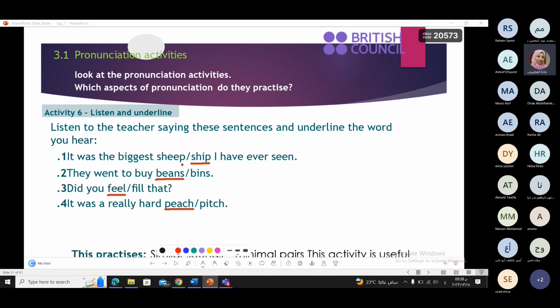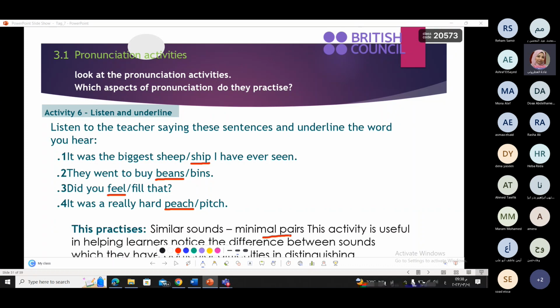And it also teaches them what we call words which have similar sounds, or the minimal pairs. Do you know the minimal pairs? They are two words which differ in one sound, like sheep and ship, beans and beans. So this is what we call minimal pairs. But if two words have the same pronunciation but are different in meaning, what do we call these words?